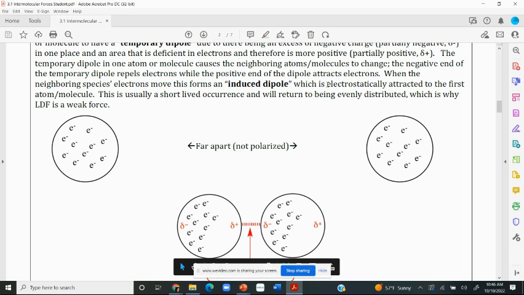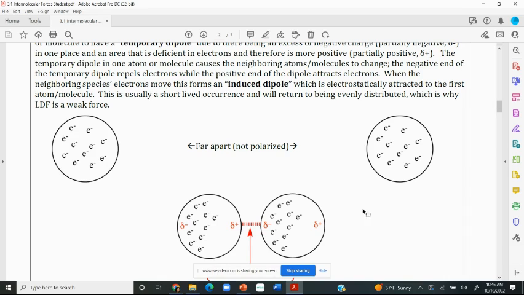It's called an induced dipole, but it's very short-lived. So because of that, if we have atoms or molecules of similar numbers of electrons, and one has dipole and the other one only has LDF, then the LDF is not going to be as strong as the dipole.